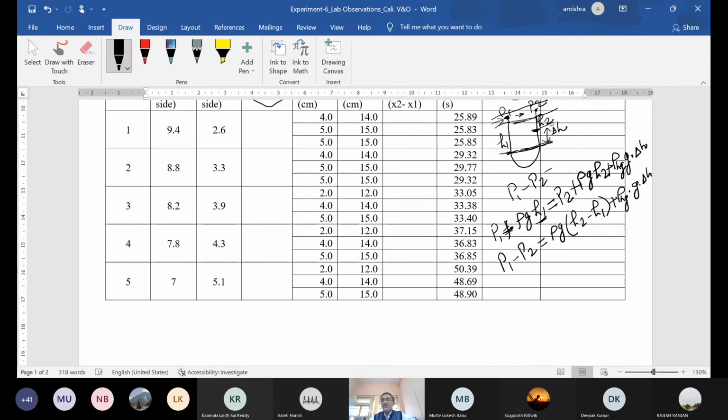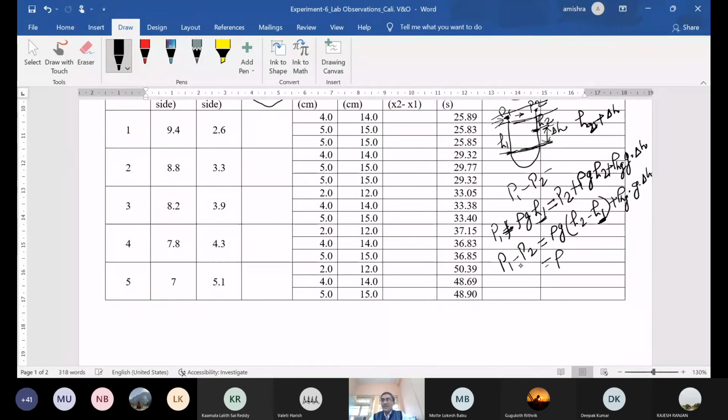Now you know that H1 is H2 plus delta H. Here we want to replace.